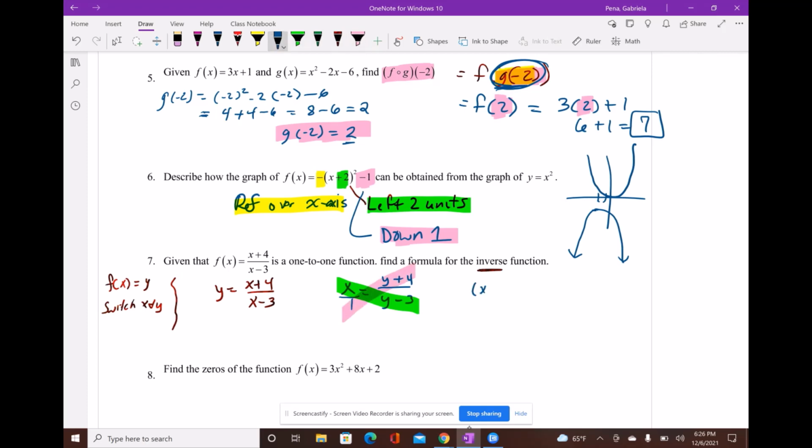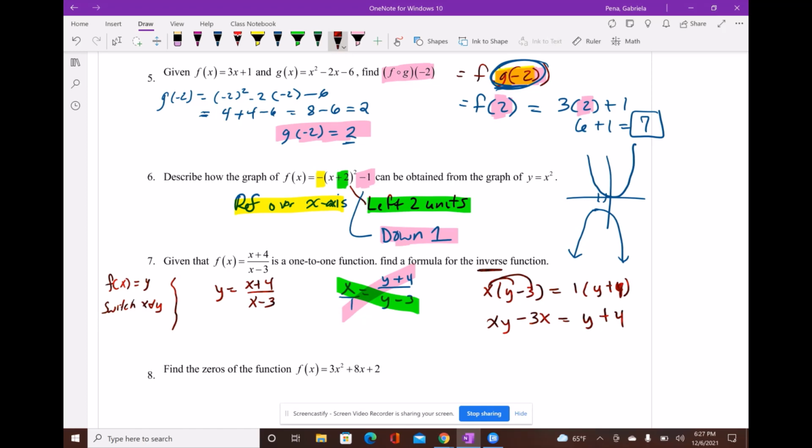So we have x times y minus 3 equals 1 times y plus 4. So this becomes xy minus 3x equals y plus 4. So we distribute the x, we distribute the 1.